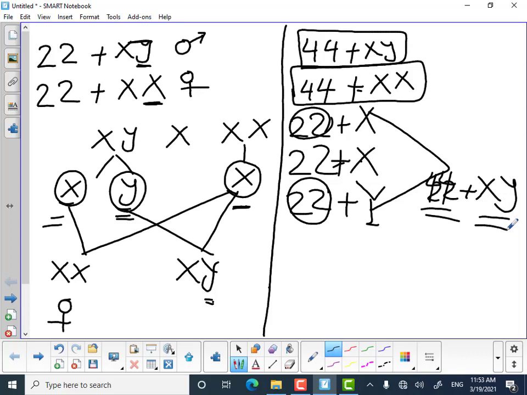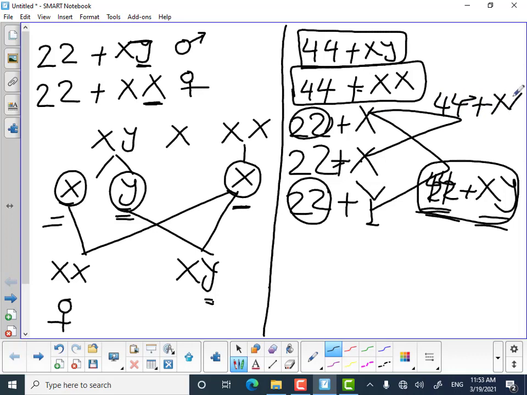For that, the baby or the fetus will be male. And if these gametes match each other, the baby will be 44 plus XX. Very good. This is the normal case.